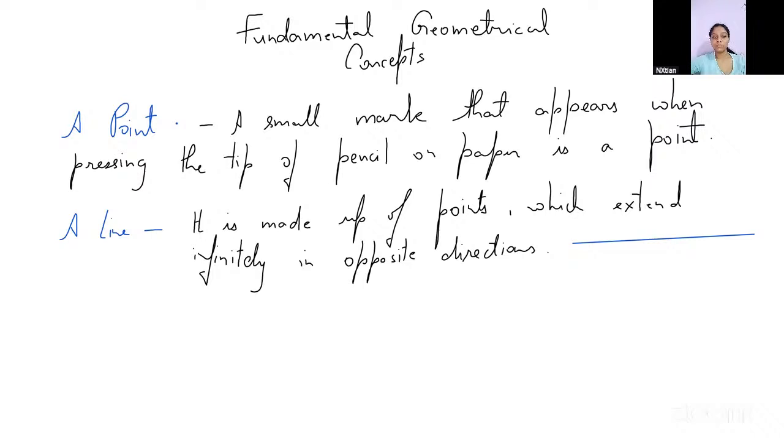Now, you can also write the definition of line like this: it is also the path of a variable point which goes up to infinity in some direction. Okay.